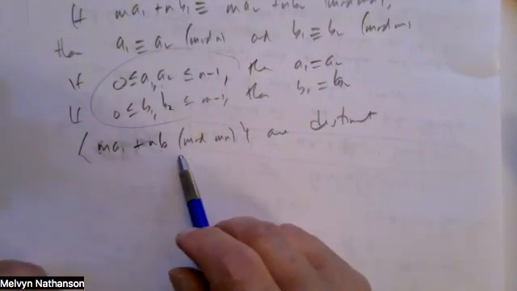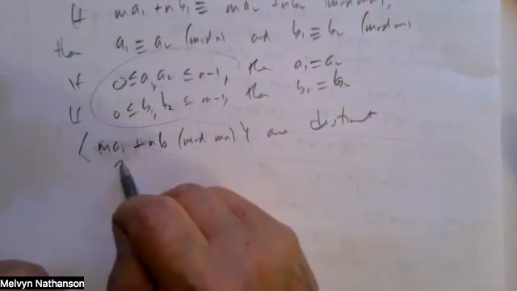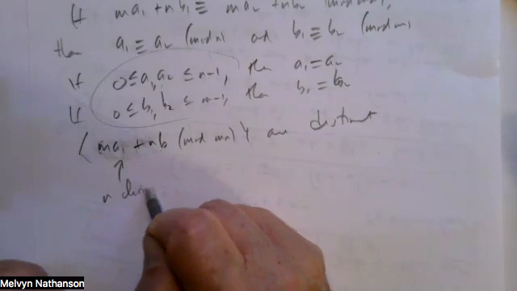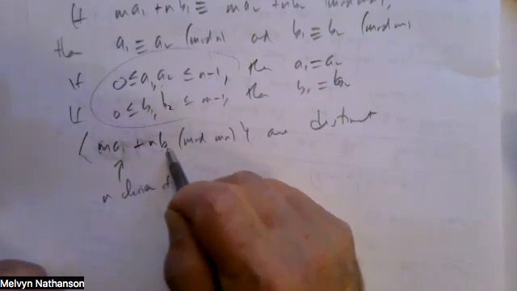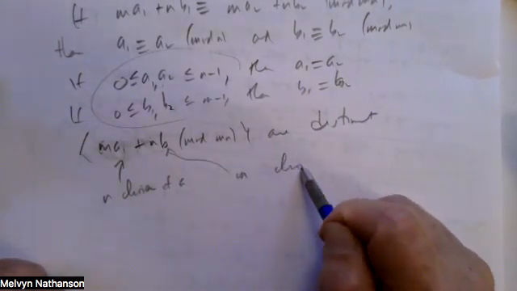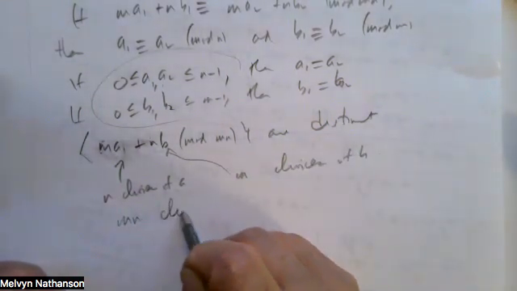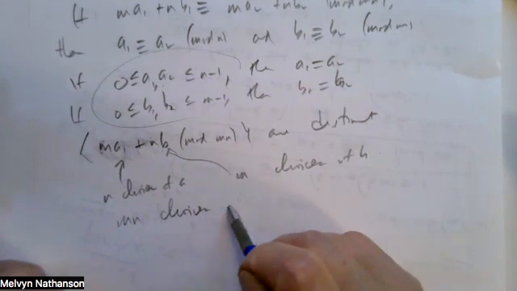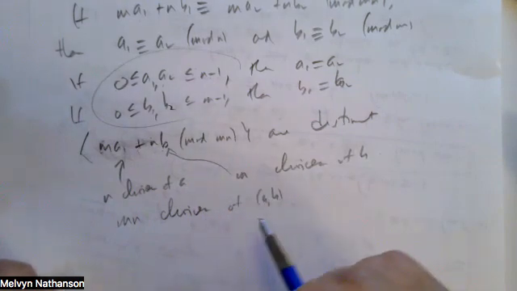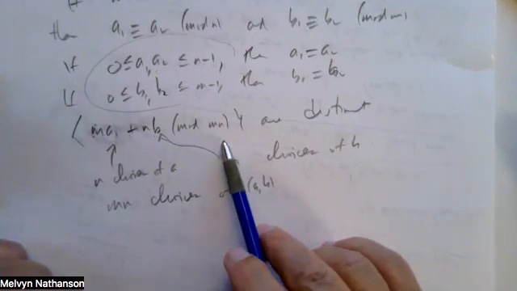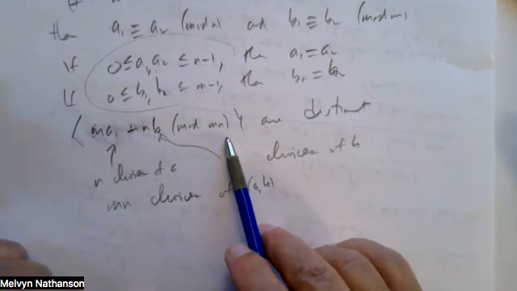And how many such numbers are there? You have n choices of a, you have m choices of b, so you have mn choices of the pair a, b, and these are distinct mod mn, but there only are mn congruence classes mod mn. So these represent every congruence class.